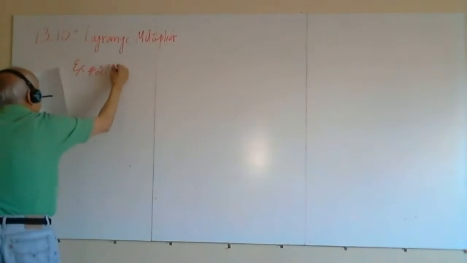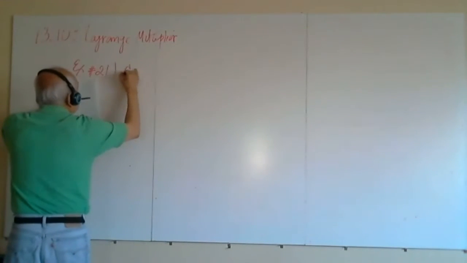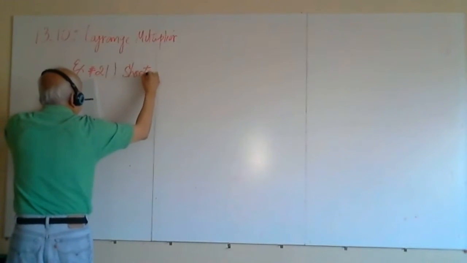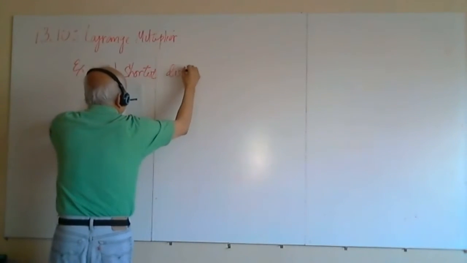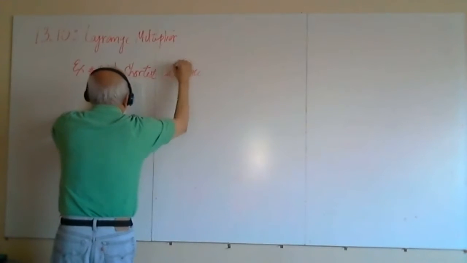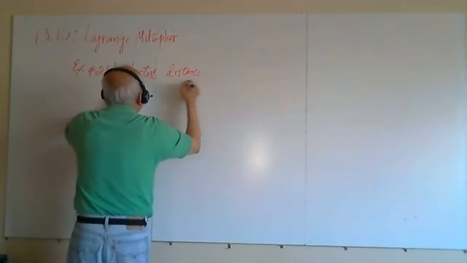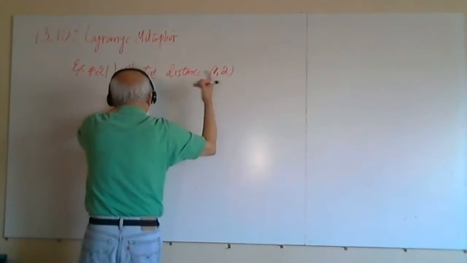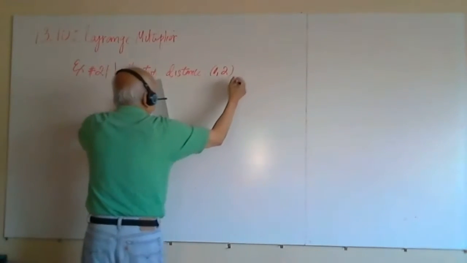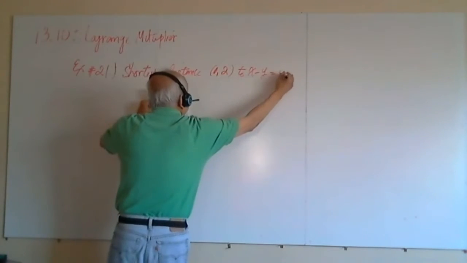So the question is, what is the shortest distance from the point (0, 2), which is of course a point here, to the line x minus y equal to 4?